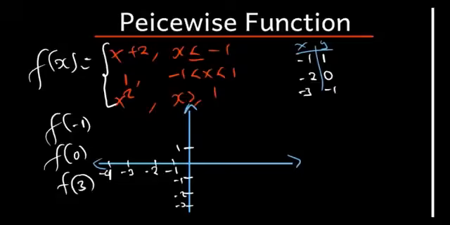At this point we are saying that it is included because x is less than or equal to -1. So -1 comma 1 is included, so I'm going to put a closed one. So 1 comma 1 is going to be at this point. I'm going to put a closed one, meaning it is included.